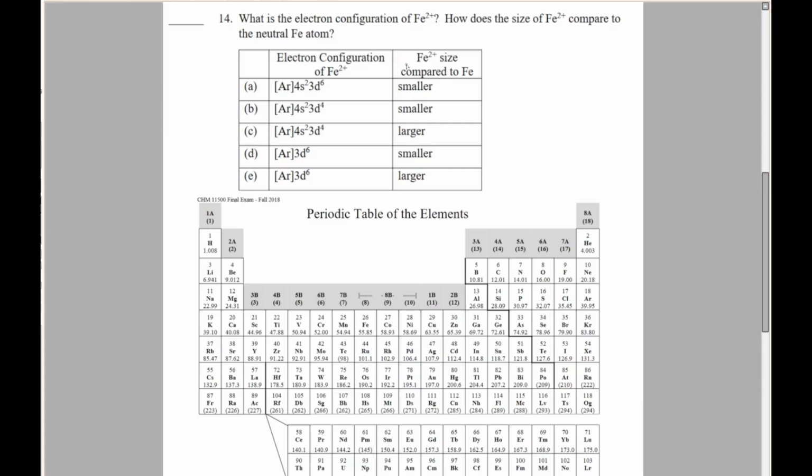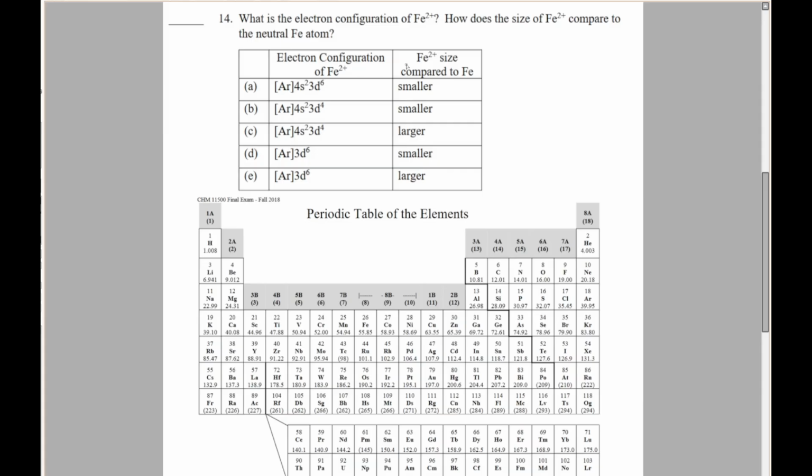Whenever we see a cation of the same atom, in this case the cation of positive 2 charge iron versus the neutral iron atom, the cation is going to have the same number of protons as the neutral atom. Because remember, if we change the number of protons, you change the atom entirely, so it's going to be a different element. But in this case, it's the same element, so the number of protons is the same.